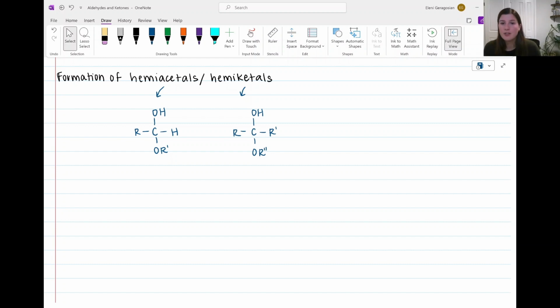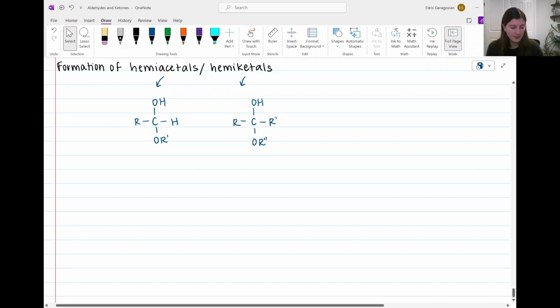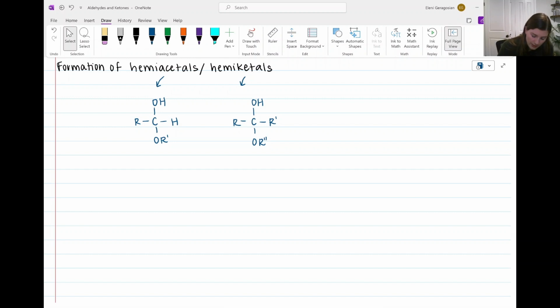And before we get into the mechanism to form these, let's talk about an application in biology or biochemistry. So if we look at open chain glucose, we'll ignore stereochemistry for a second here, but open chain glucose, which exists in pretty low concentrations at equilibrium.